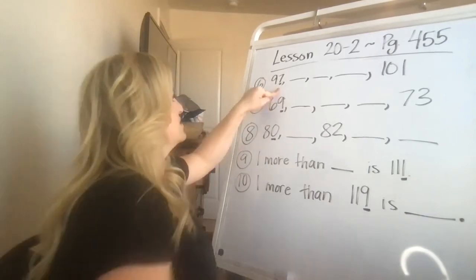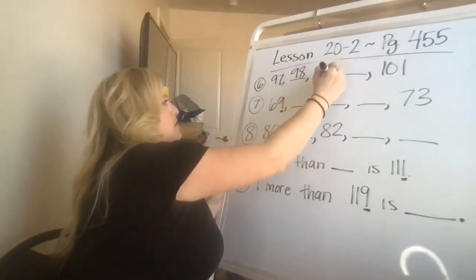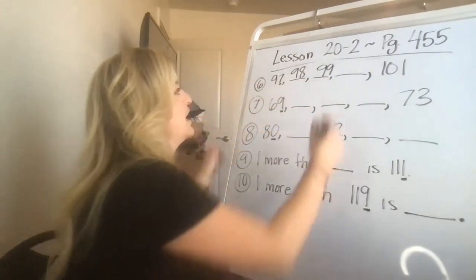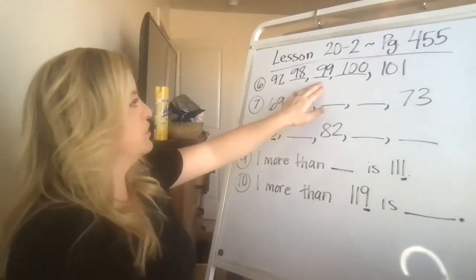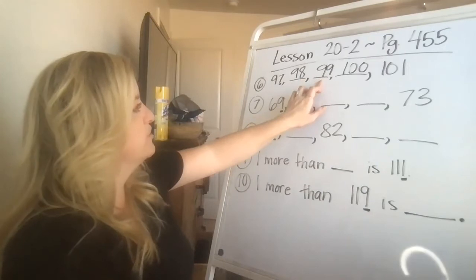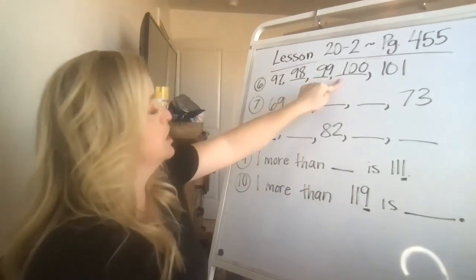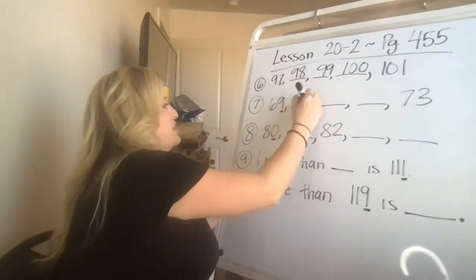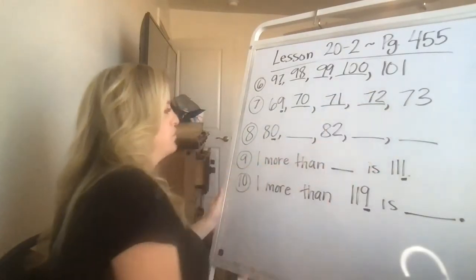So watch, 97, 98, 99. Oh, I add 1 more here, but it turns that into 100. So now I don't have 9 groups of 10, I have 10 groups of 10, which is 100.